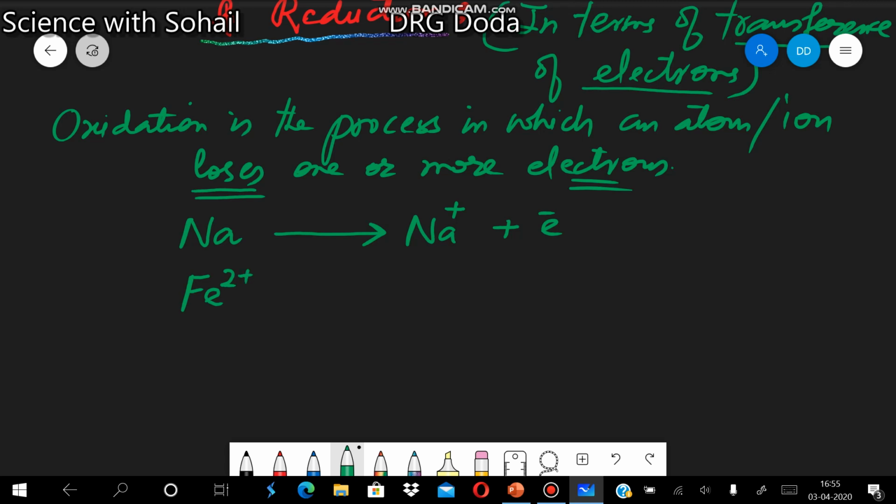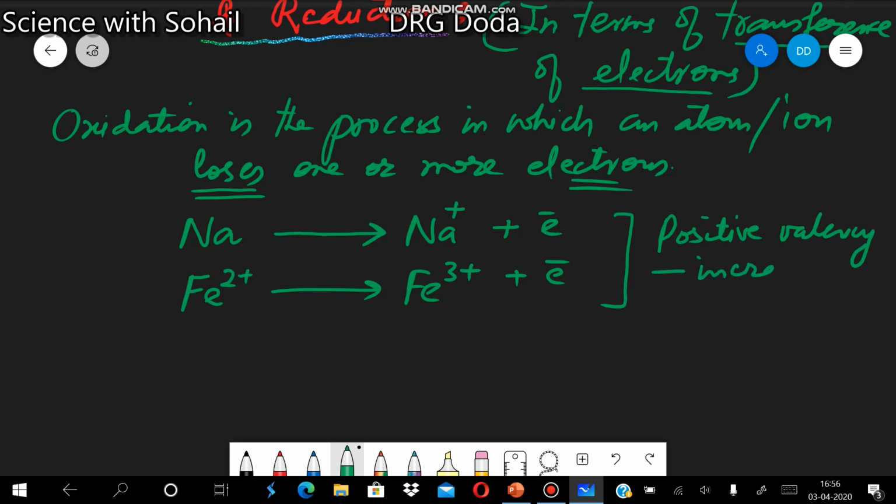Ferrous ion Fe2+ forms ferric ion by the loss of one electron. So we can say that ferrous ion undergoes oxidation to form ferric ions. In these two cases, we can see that the positive valency is increasing.